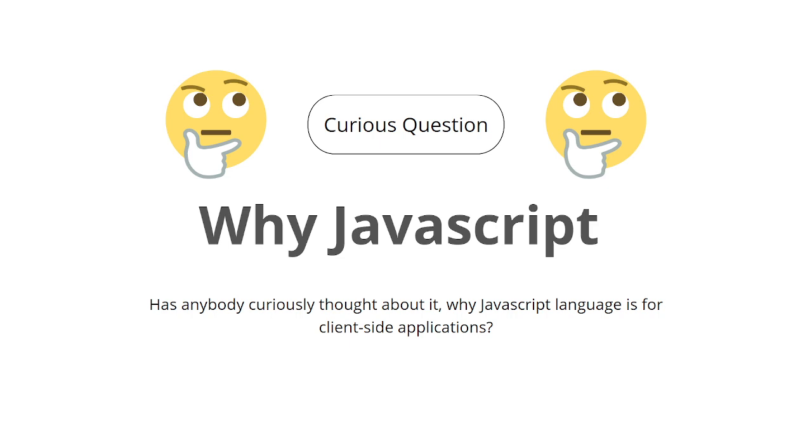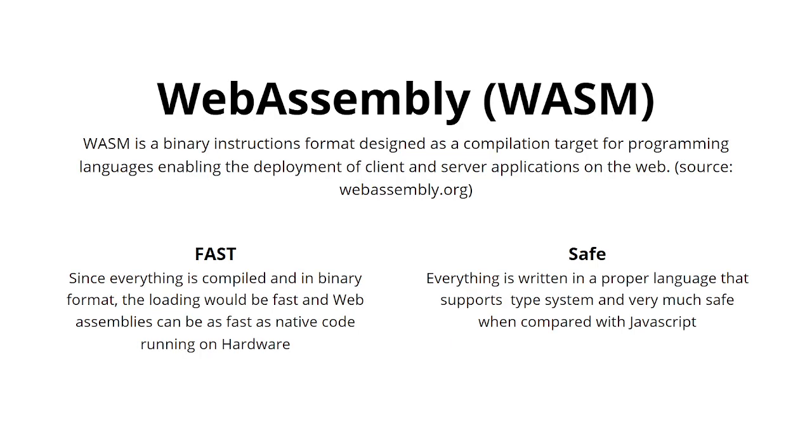But that limitation is overcome by a concept called WebAssembly. So let's check out what WebAssembly is. WebAssembly, or in short WASM. As per the definition provided by webassembly.org, WASM is a binary instruction format designed as a compilation target for programming languages, enabling the deployment of client and server applications on the web.